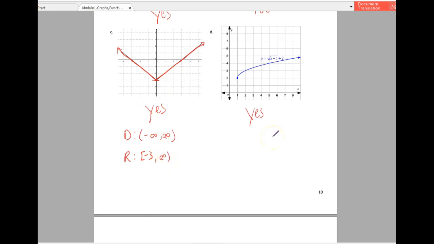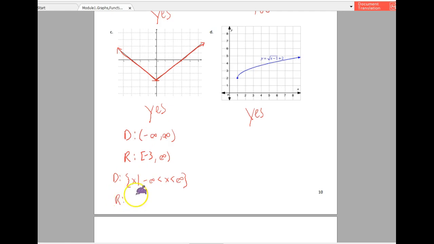And just to practice again, if I had to write this in my set builder notation, the domain would be the set of x's such that, again, it's going to be -infinity up to infinity, using the less than, never equaling infinity.